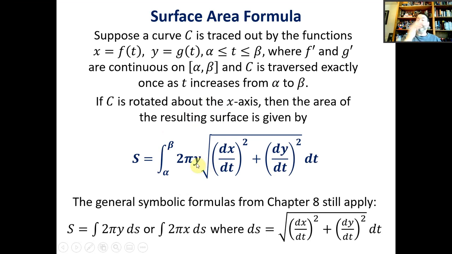Right? So if you need to go back and review chapter 8 before you do this stuff, that's fine. It's not always y. It depends on what axis you're going around, just like we did in chapter 8. And same with the other integrals we saw for arc length and stuff, right? We saw stuff like that.